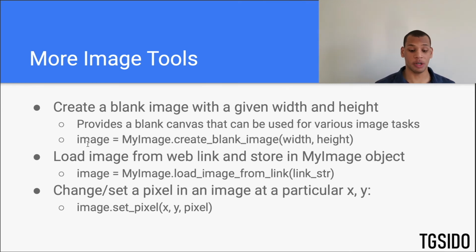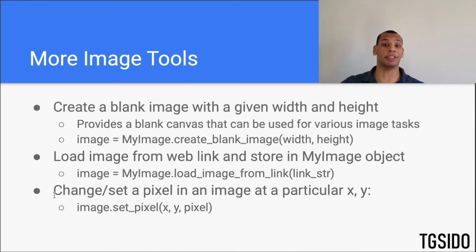Next, if you want to load an image from a web link and store it in a MyImage object, do this: image = MyImage.loadImageFromLink, and then you specify the link string. Okay, now to change or set a pixel in an image at a particular x, y, use image.setPixel, and then for the specific x, y position, you specify pixel. So you're actually saying, put this pixel in image at this particular x, y.